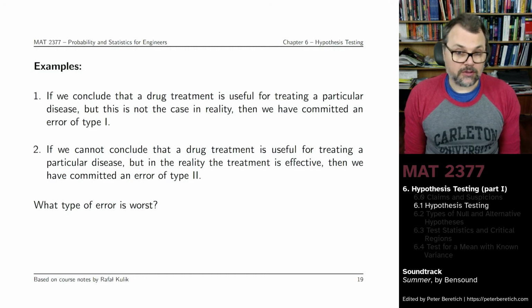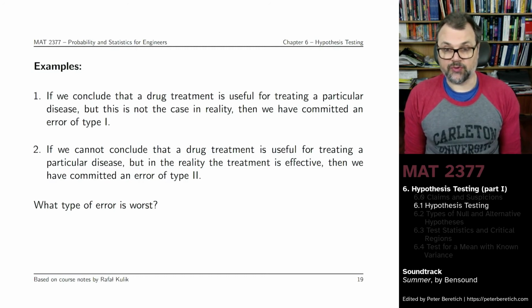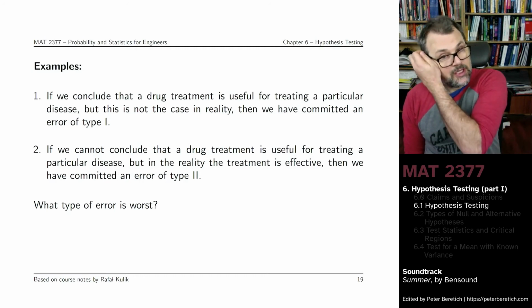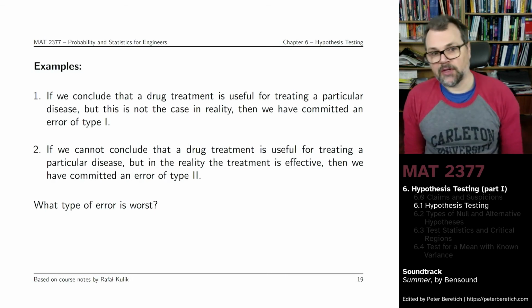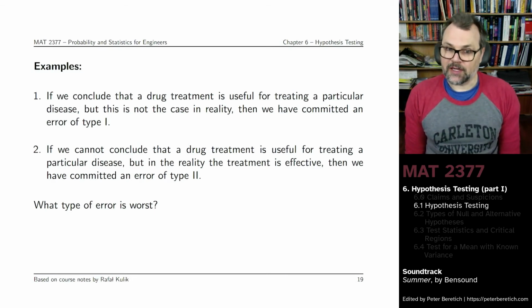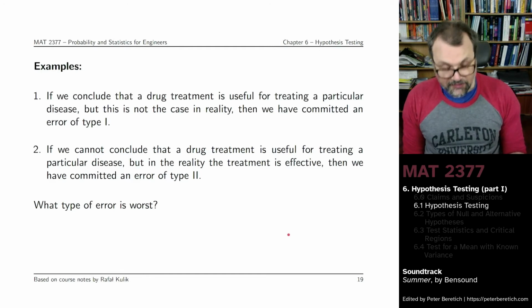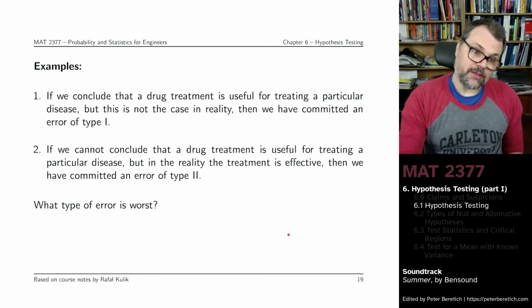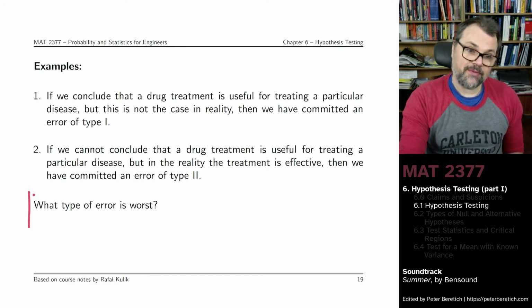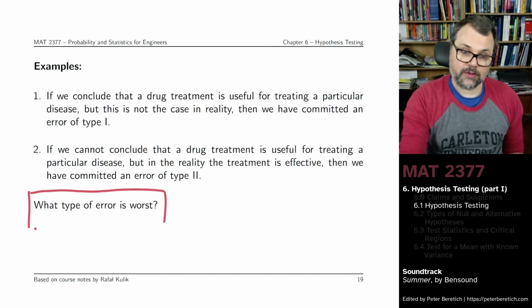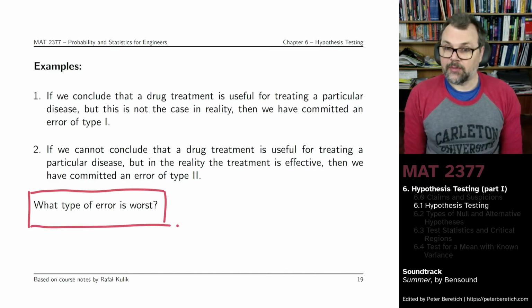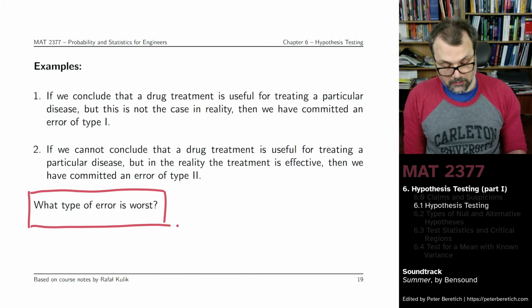If you cannot conclude that a drug treatment is useful for treating a particular disease, but in fact it was effective, then you've committed an error of type 2. And then there's a fundamental question about these types of errors. What type of error is the worst? Well, it actually depends on the situation.